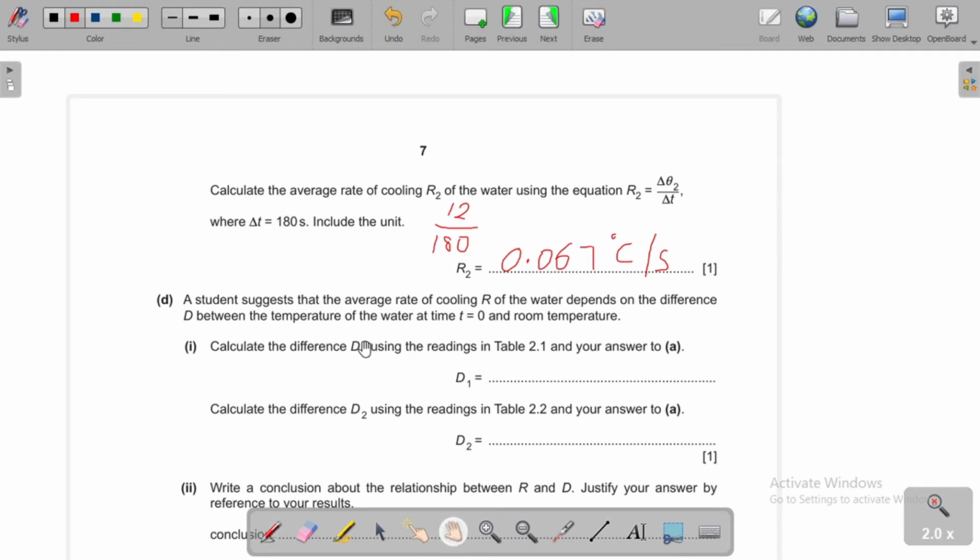What's next now? A student suggests that the average rate of cooling R of the water depends on the difference D between the temperature of water at time t equals 0 and room temperature.